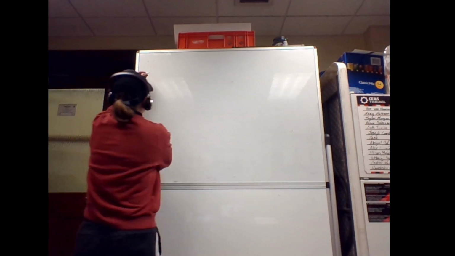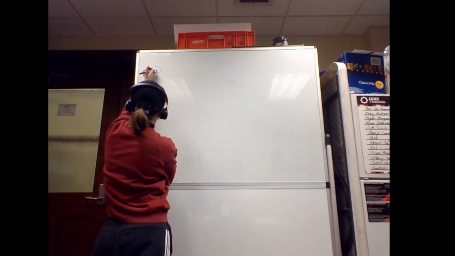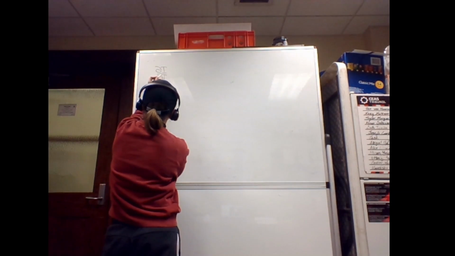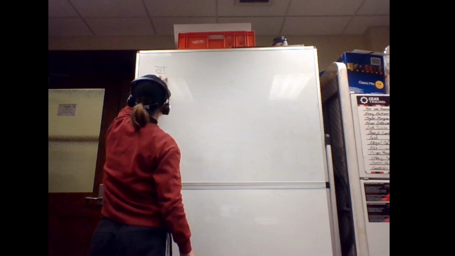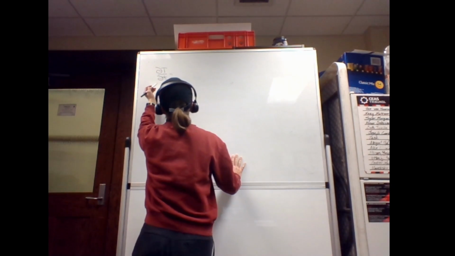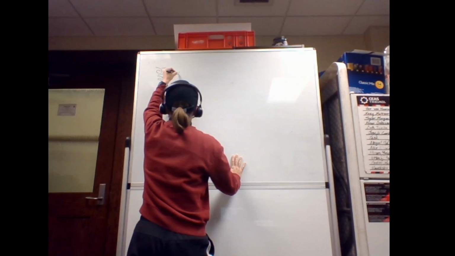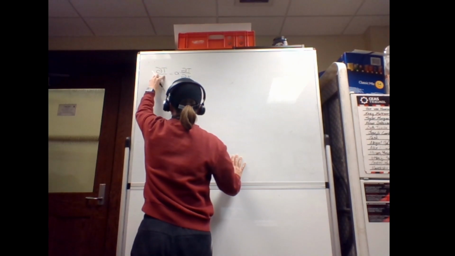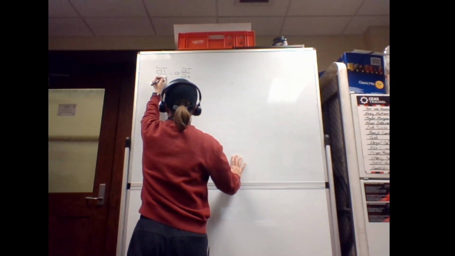So let's begin with rewriting out this simplification. ∂T/∂t is equal to alpha ∂²T/∂x².